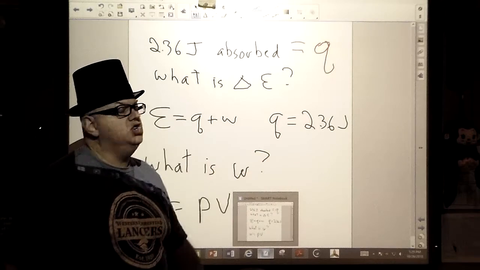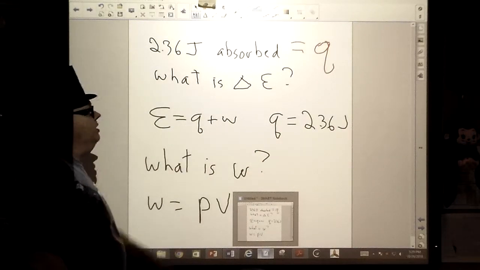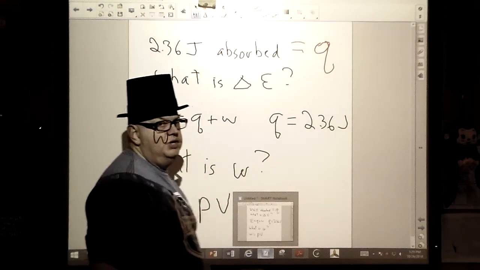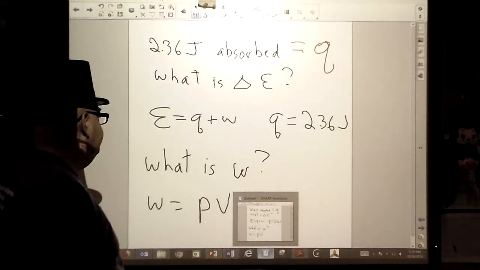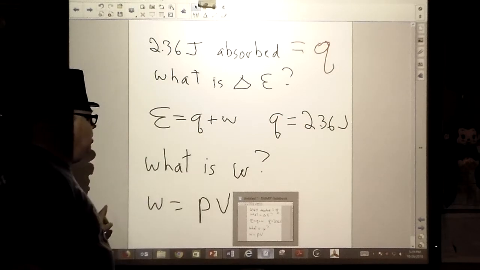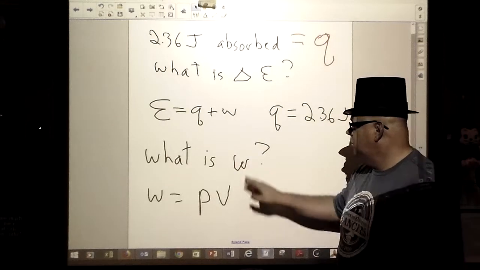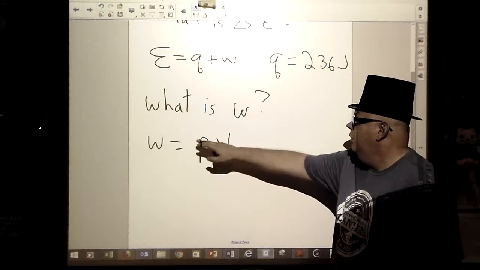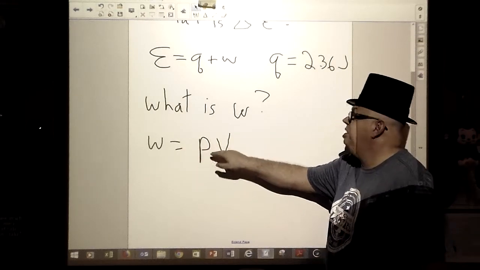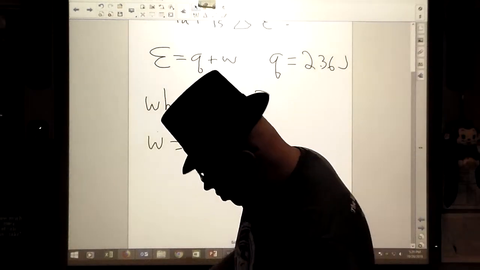Now we're looking at what's the change in energy. Well, delta E is equal to Q plus W. We said that Q is equal to 2.36. Now the question comes down to, what is our W? Well, W is equal to P times V. But here's the thing.